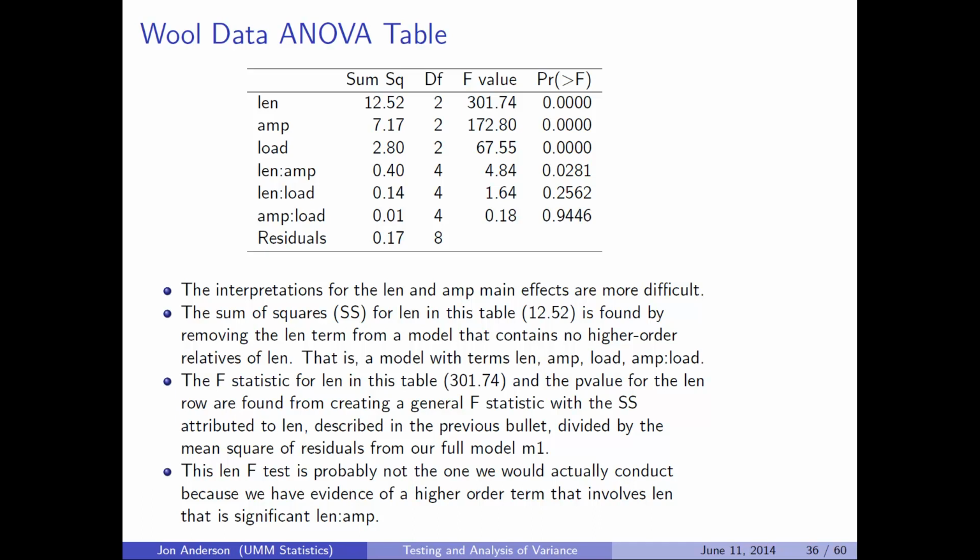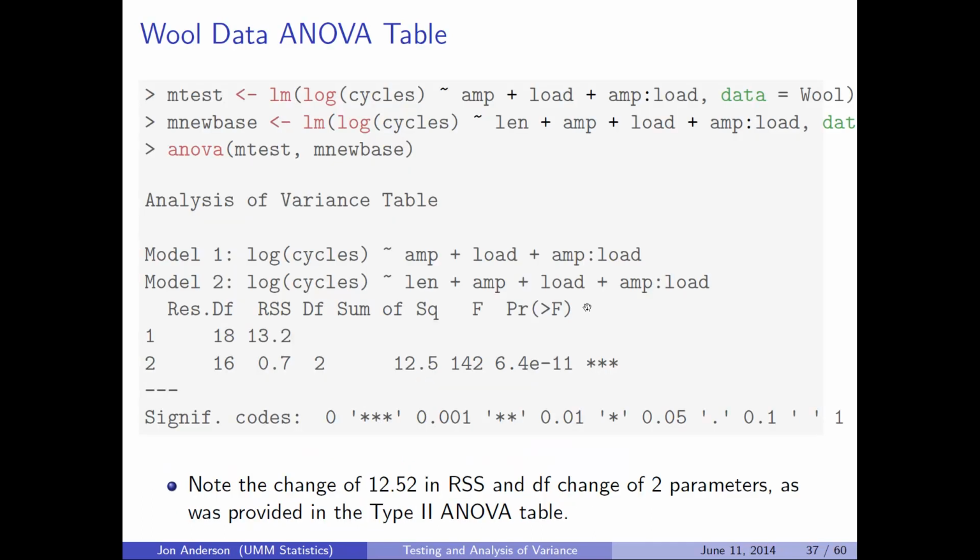So the length effect that is showing up here is probably not the one we would actually construct. We would actually construct the one that we've described with the appropriate interaction terms in it. So here is just an illustration of how you would get the main effect test for length.